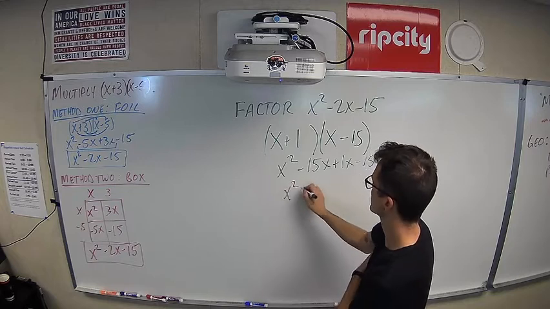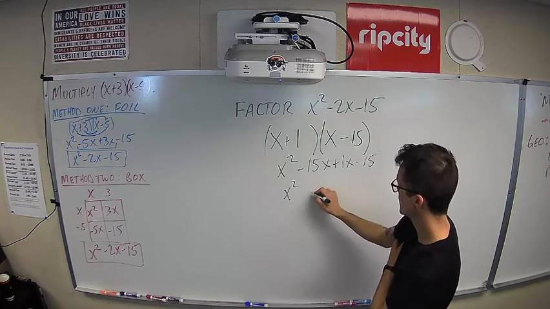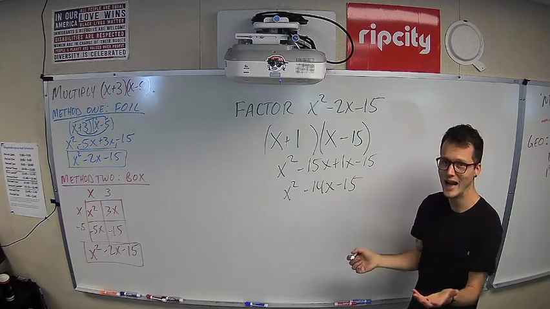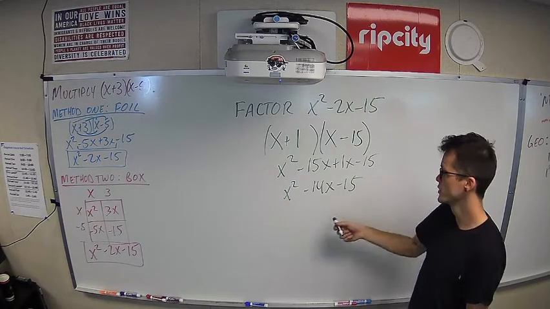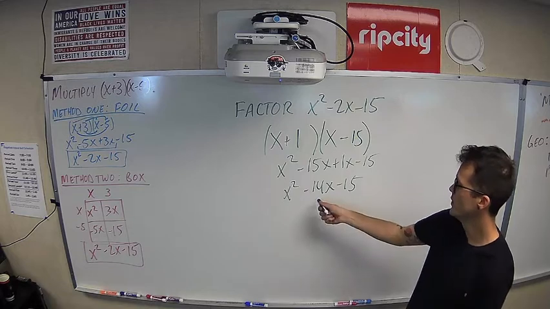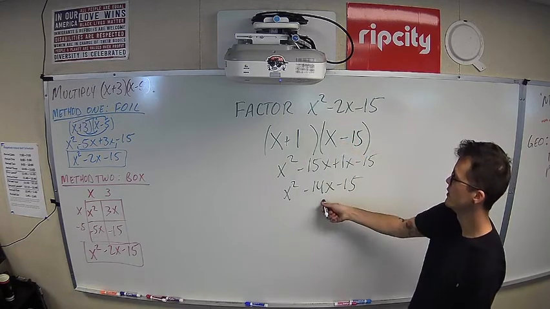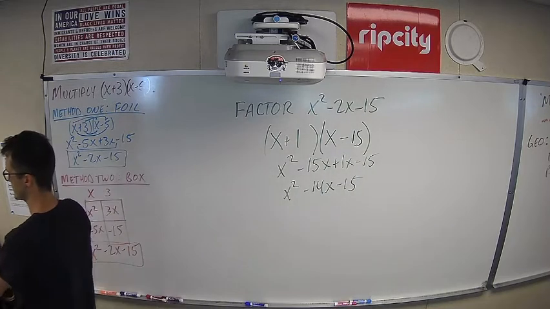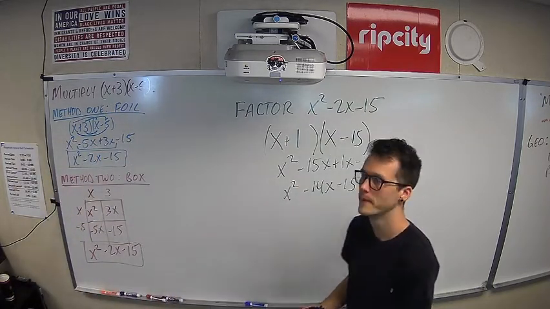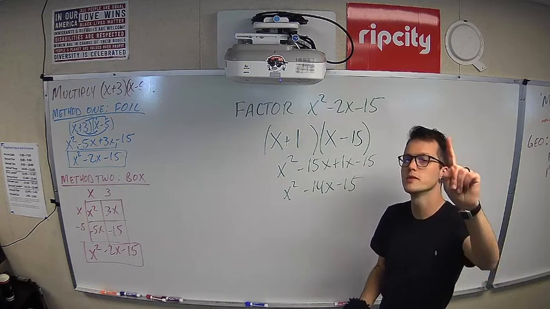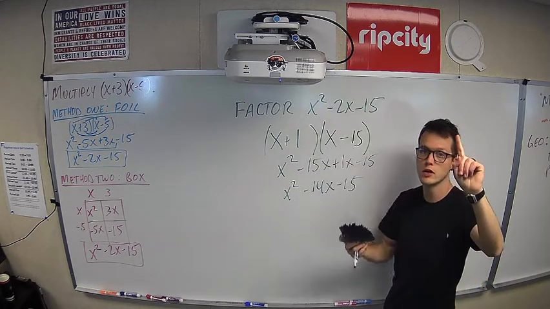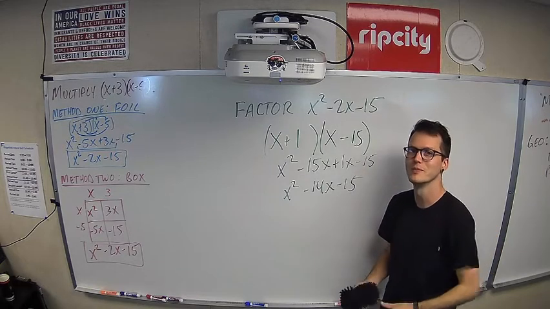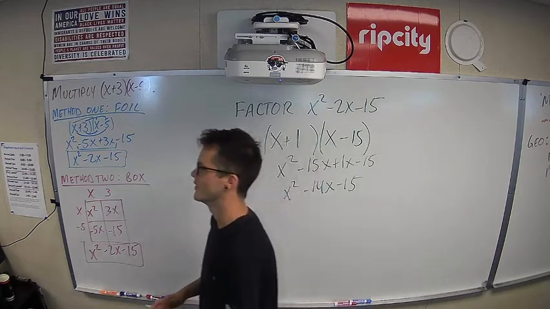So this is x squared minus 14x minus 15. That's kind of close. The first term is correct, the last term is correct, but the middle needs to be negative 2x, and it is not. It is negative 14x. So we have to satisfy both of those conditions. Your two numbers need to add to the middle coefficient and multiply to the final number.